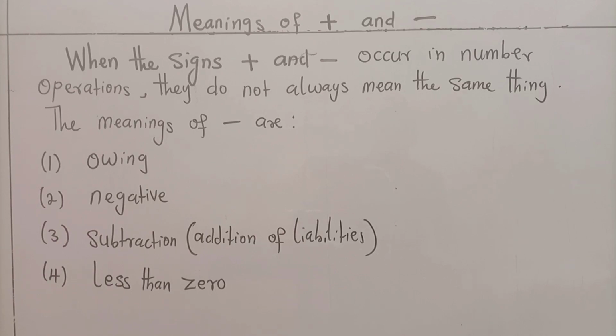Then, while plus meant more than 0, this minus has come to mean less than 0. It is believed that each of these 4 meanings of these signs is understood, especially in connection with basic number operations.